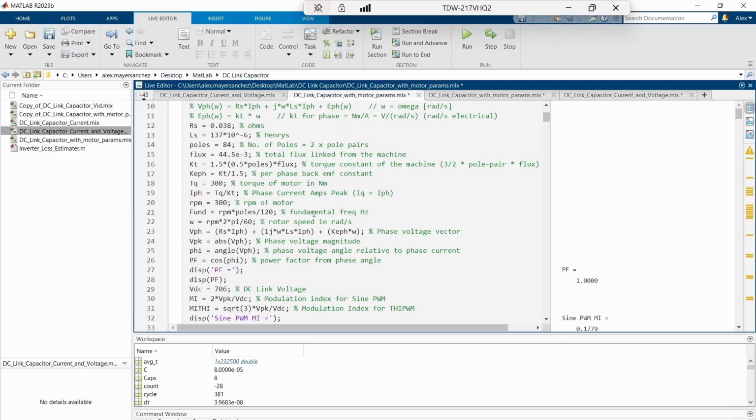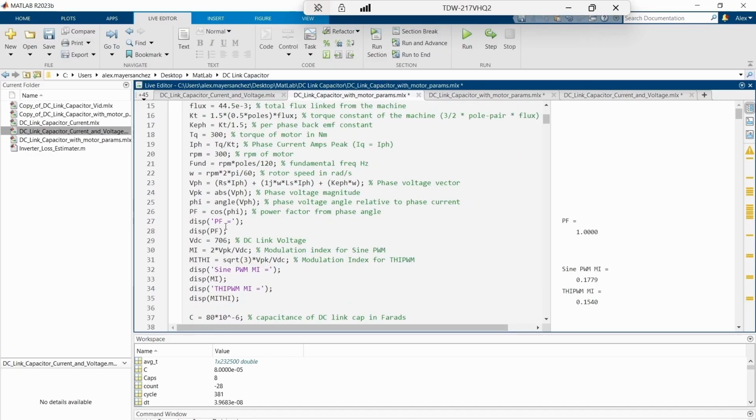This is the with-motor-parameters script, with the motor as the load, which I'll get to in the third video, but here you can see the modulation index actually determines what your peak output voltage is, and it's different between third harmonic injection and sine PWM.